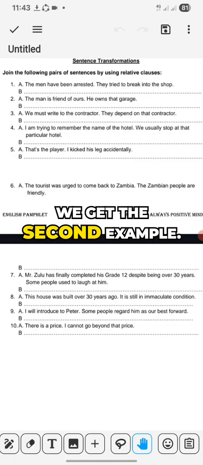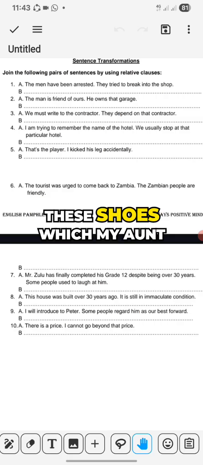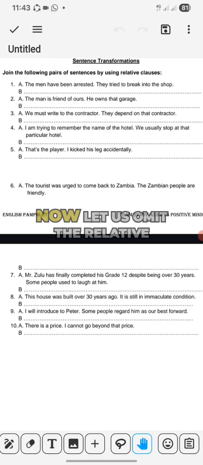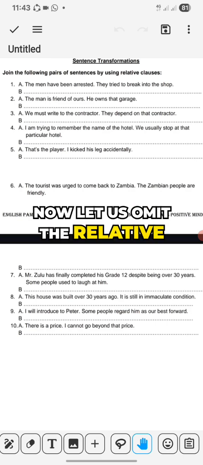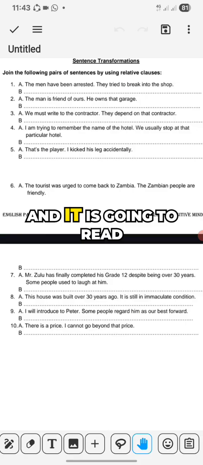We get the second example. These shoes, which my aunt gave me, do not wear out easily. Now, let us omit the relative clause there, which my aunt gave me, and it is going to read as, these shoes do not wear out easily.